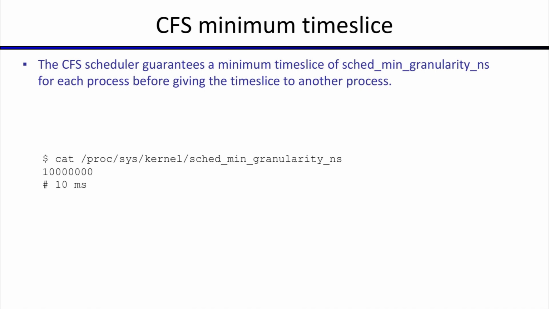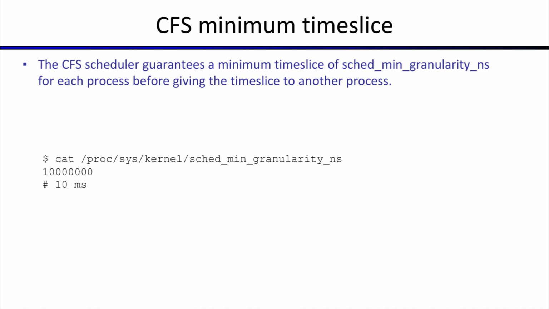I did a cat on this variable, and you can see that it is 10 milliseconds on my server. It can be different, and you can see this by looking at the settings that you have, but I believe the range generally is between 1 and 10 milliseconds.